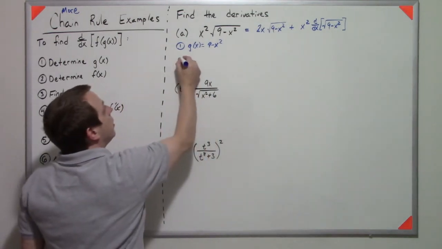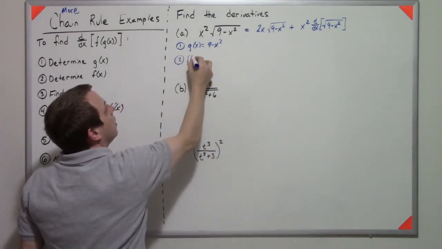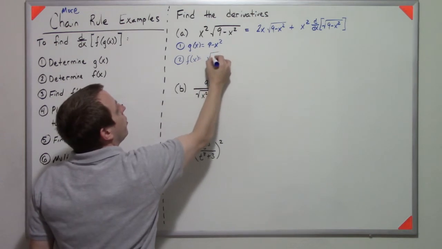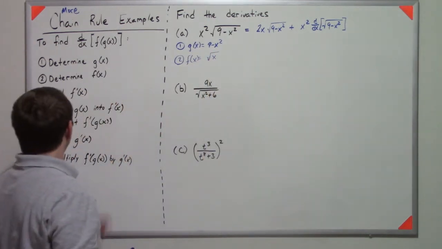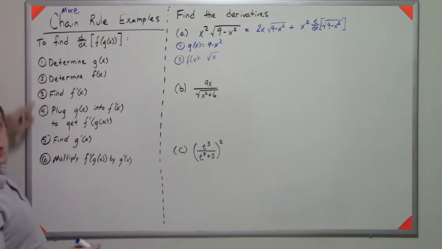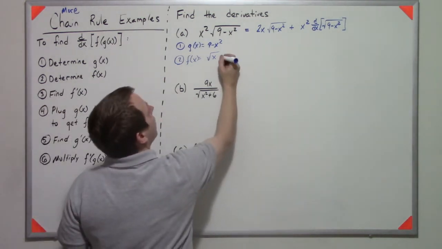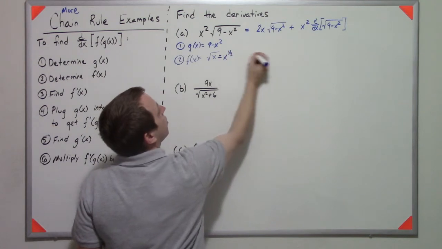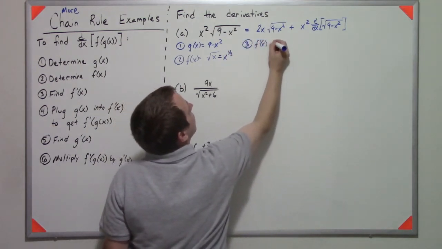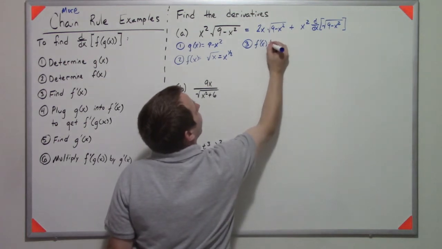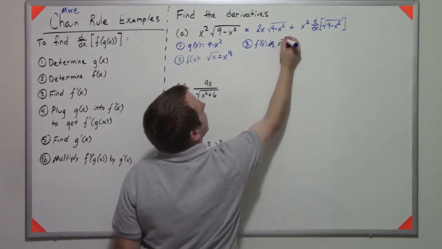So that's f, the square root of x. It's the square root of that void that's left over. Now, what we have to do next is find f prime of x. It's probably easier to write that as x to the 1/2, so that f prime is 1/2 x to the negative 1/2.